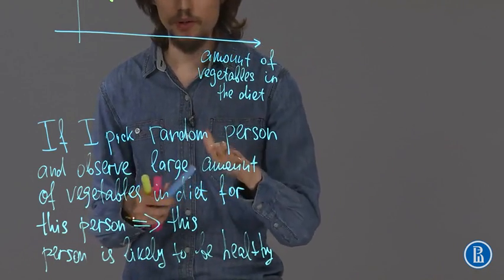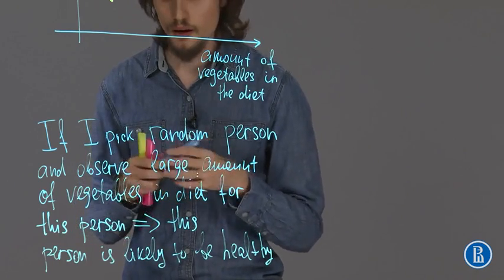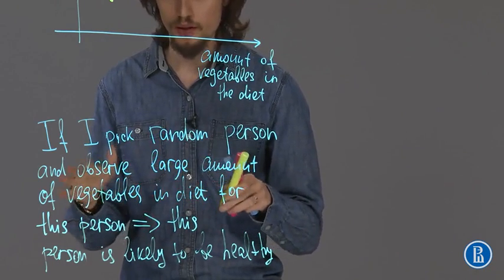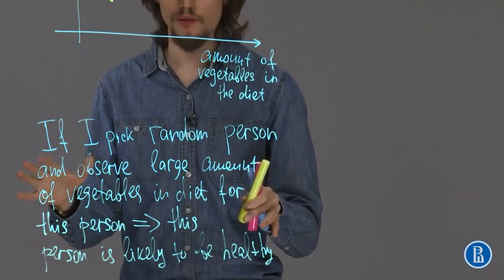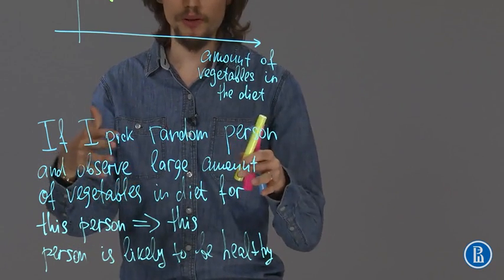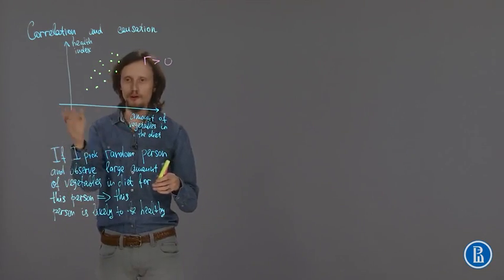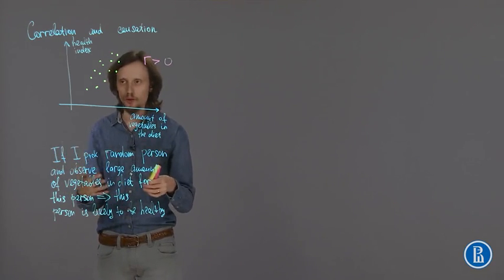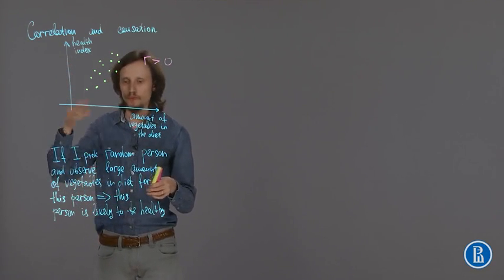So, this interpretation is correct. But note that this is a purely observational setting. We pick somebody random, we observe one variable, and we make a conclusion about another variable.